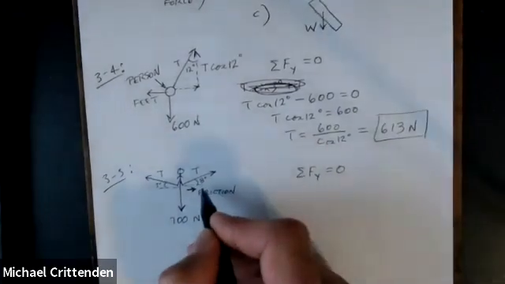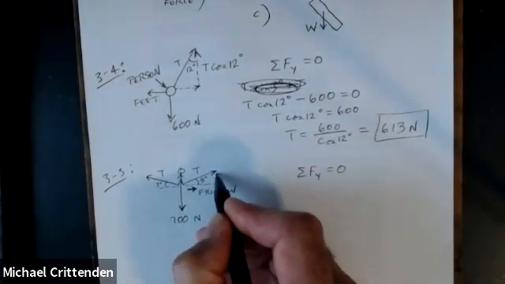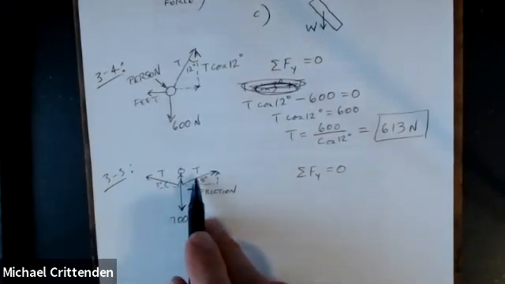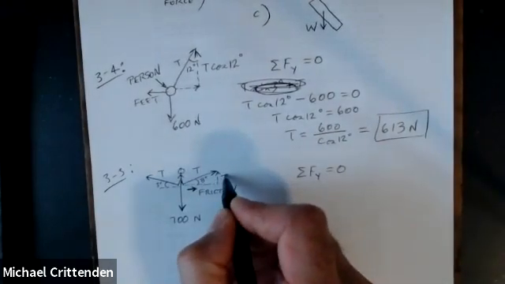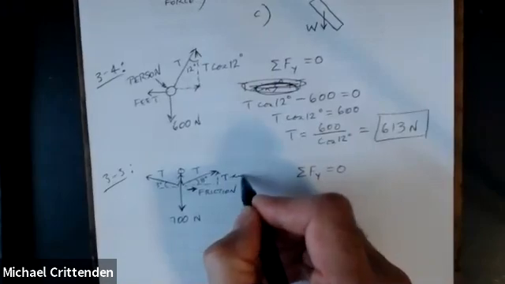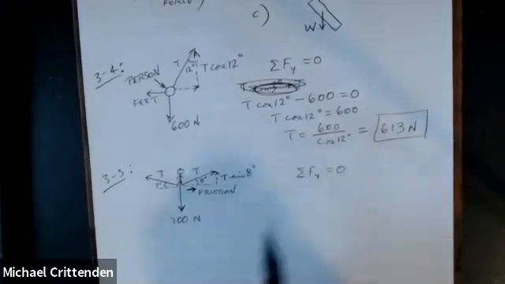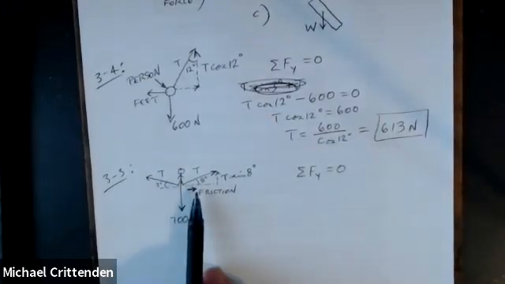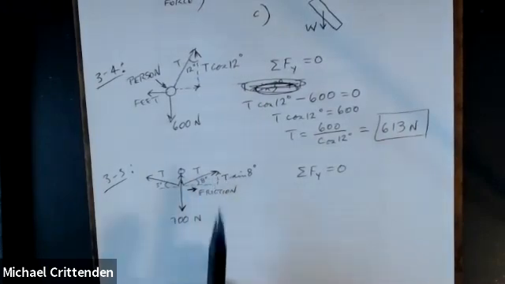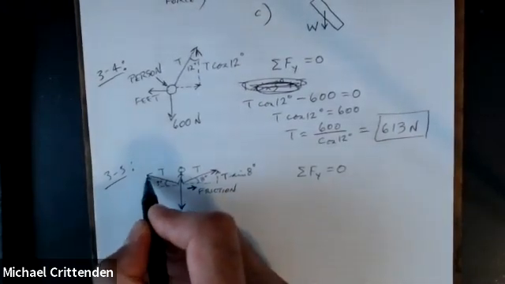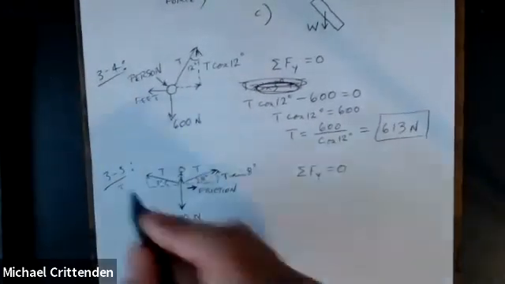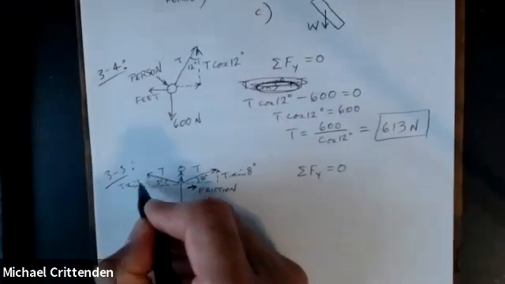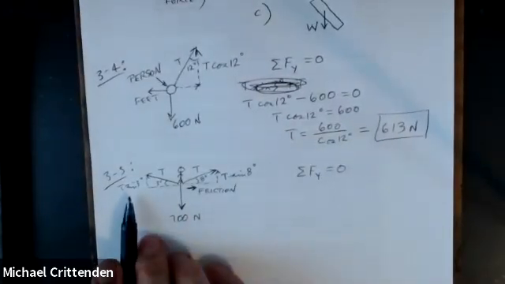Well, gotta do the components here. Over here, this force has a y component of T sine of 8 degrees. Hypotenuse times sine equals the opposite side. Same idea over here.